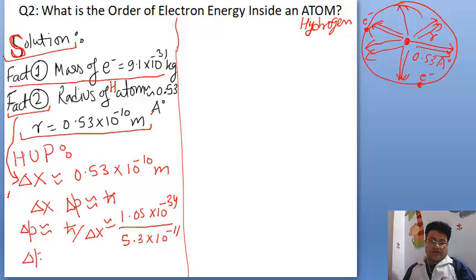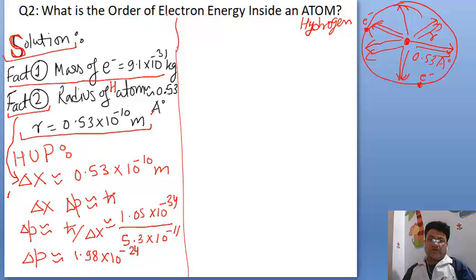So delta p comes out to be 1.98 into 10 to the power minus 24.